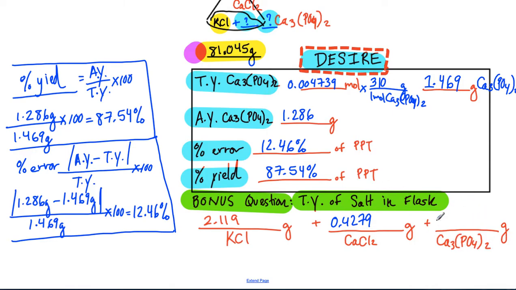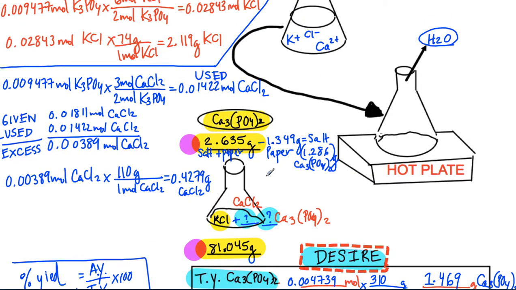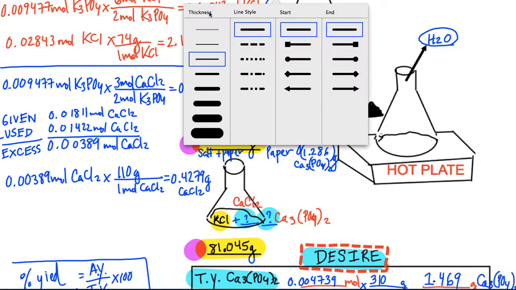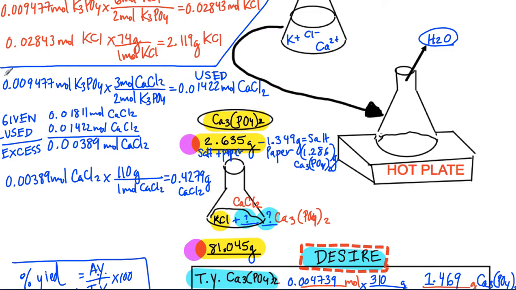Last but not least is the grams of the calcium phosphate. So what we do there, we're going to block this off, maybe in red, because it's getting a little bit crowded.